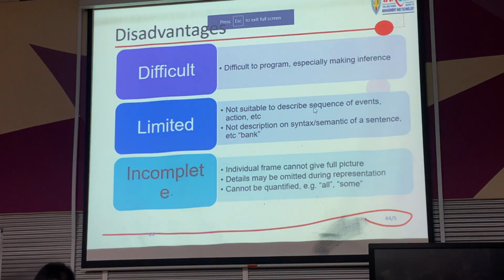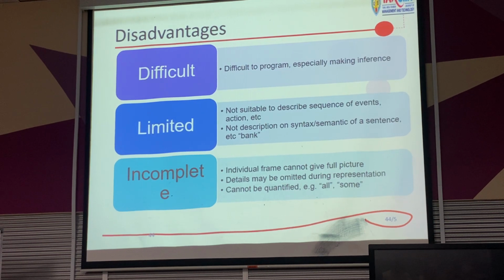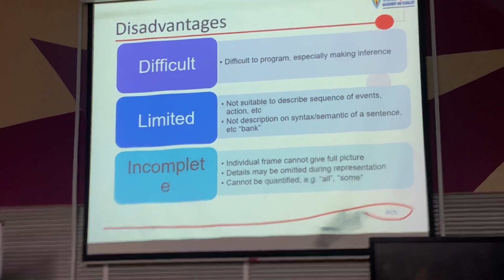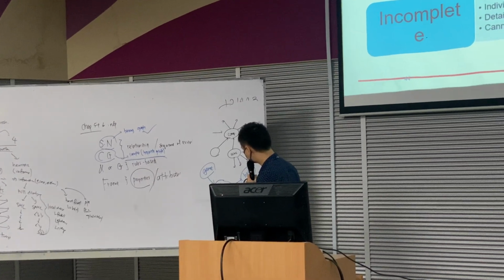It is not suitable for describing a sequence of events. Unlike the semantic network, like what I said just now, you have some battles in a game. You want to fight with the boss. After you fight with the boss, you have a reward.